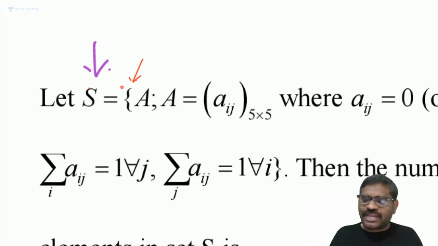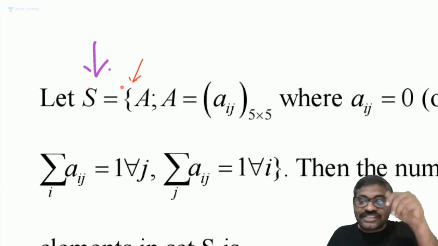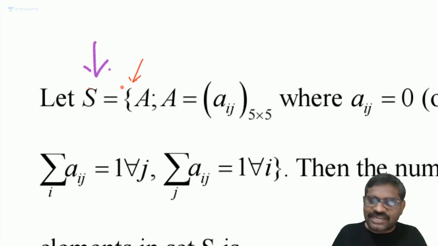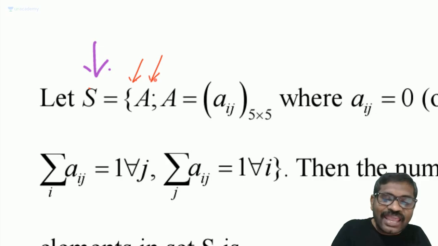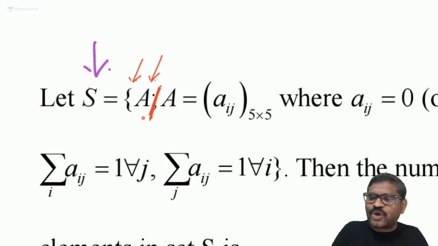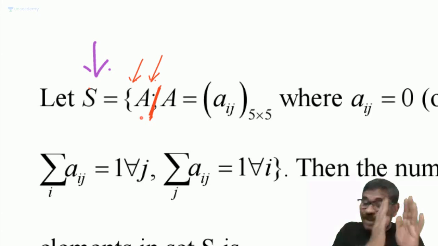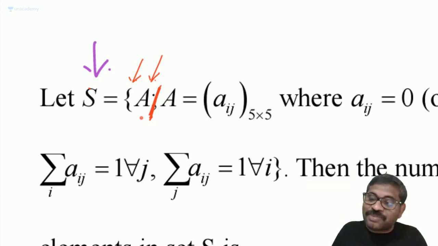A well-defined collection of objects is called a set. Sir, what is an entry in the set? Element. Sir, what is the element in the set? He has mentioned A, such that. So all the elements in the set are capital A. Sir, what is capital A?